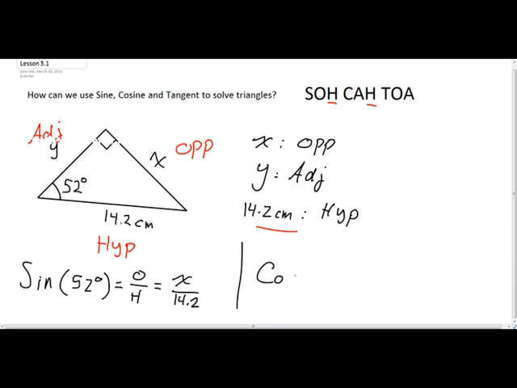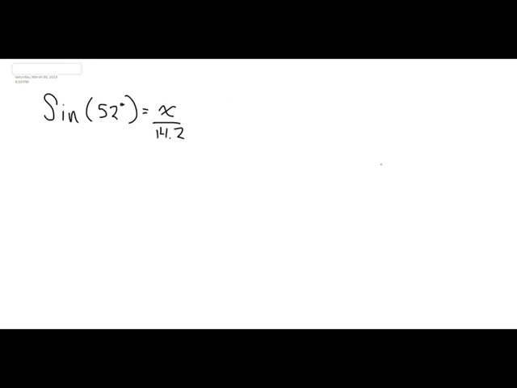And if I take the cos of 52 degrees, I get adjacent over hypotenuse, and we get y over 14.2. So notice for these two statements here, we only have one unknown. And when we have one unknown, we can use algebra to solve.